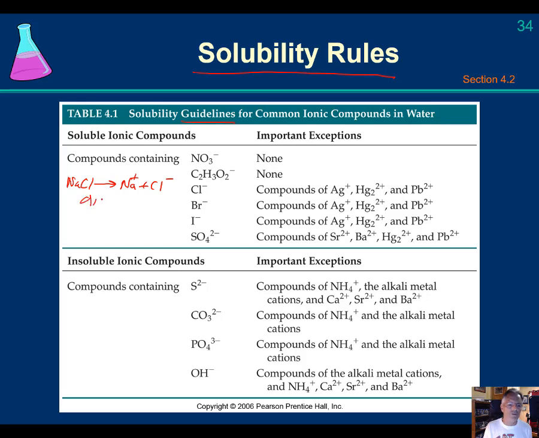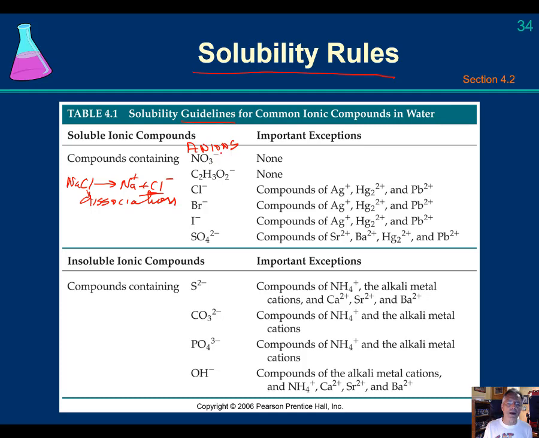That is, dissociation occurs. And the way that we predict whether a particular compound is going to dissociate or not is we look at the anions. That is where we begin.